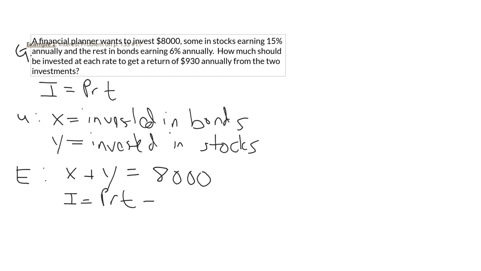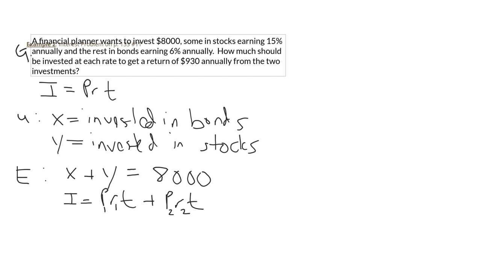But we have two different principal amounts in this particular problem. So we would say principal 1, rate 1, principal 2, and rate 2. They're both going to be invested in the same amount of time because it says we want to get an annual earnings of $930. So the time is going to be 1 year.